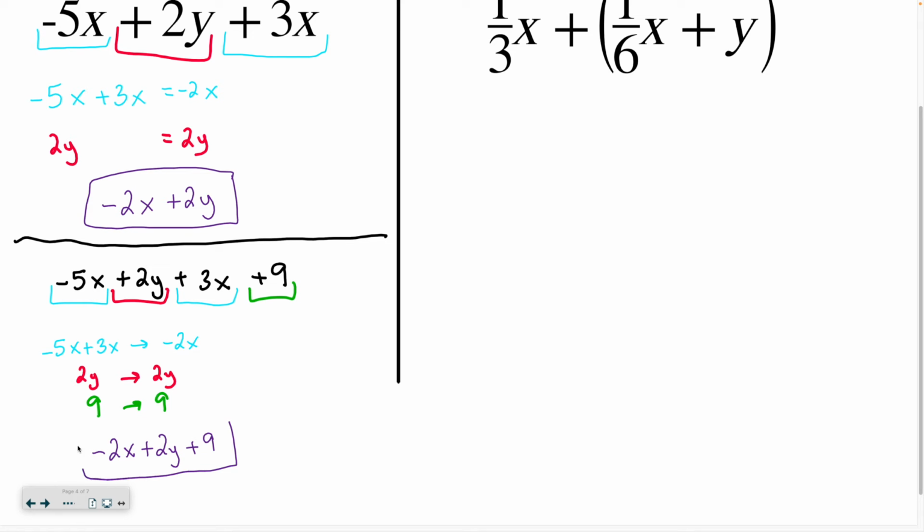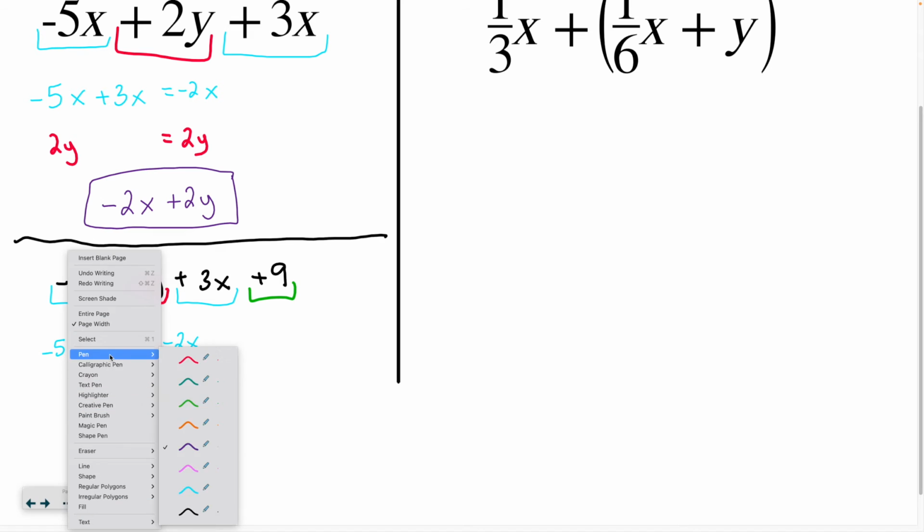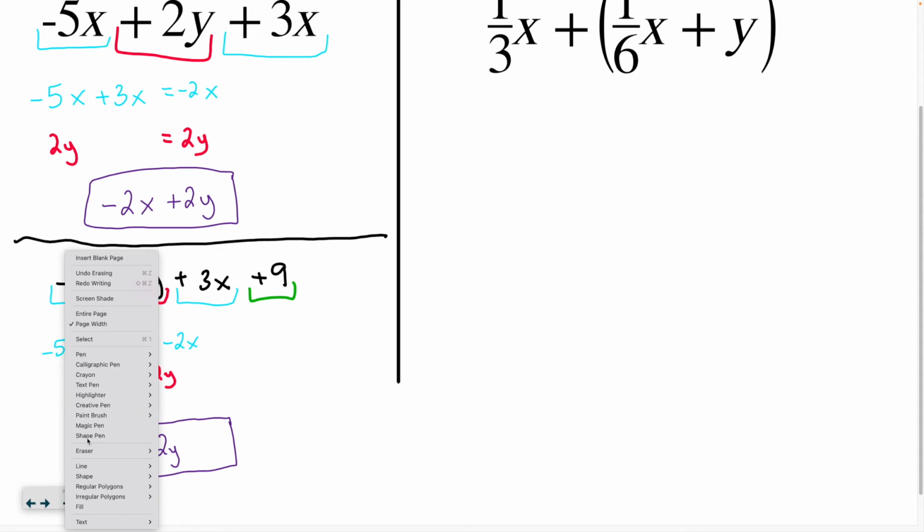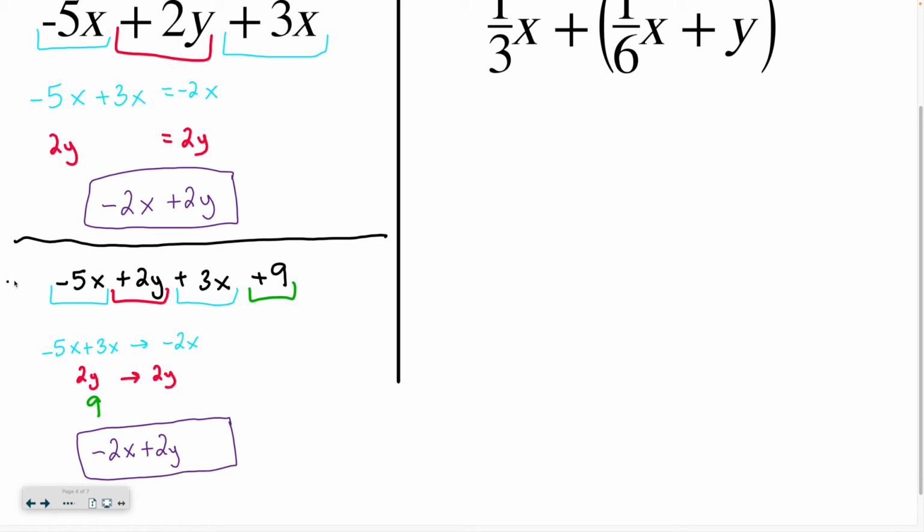Okay? Now, let's add one more level of difficulty, okay? I'm going to change this. All right. So I'm going to say, what if we had, let's say like a negative 4 out front here?